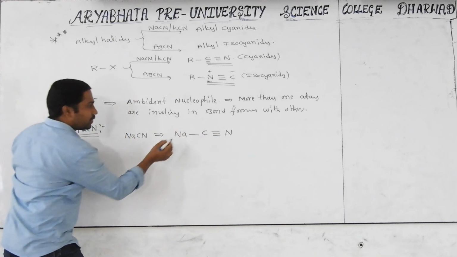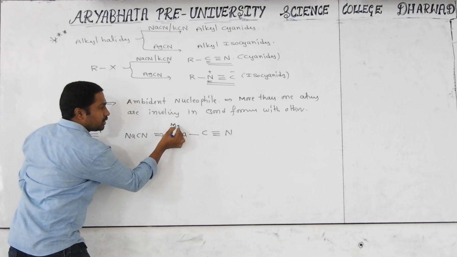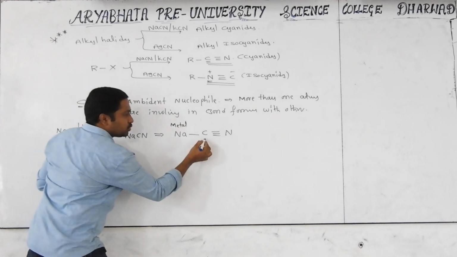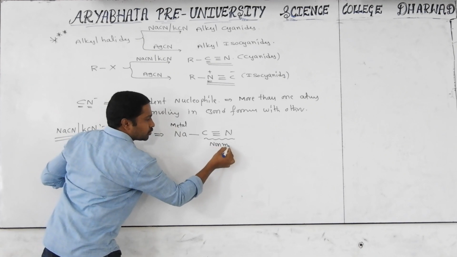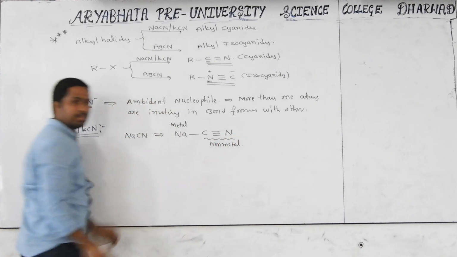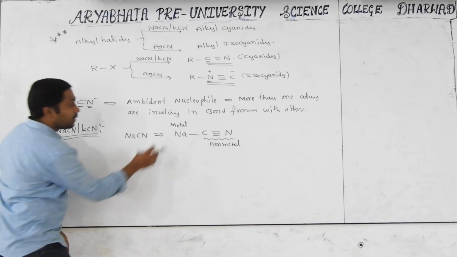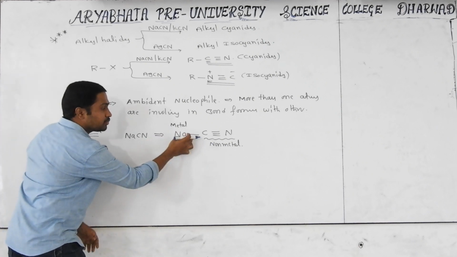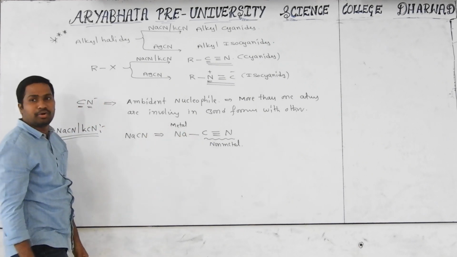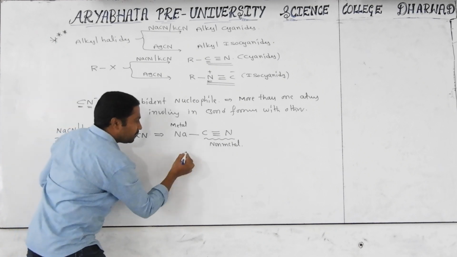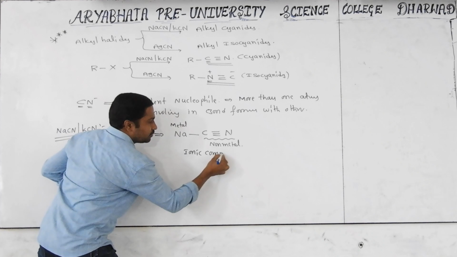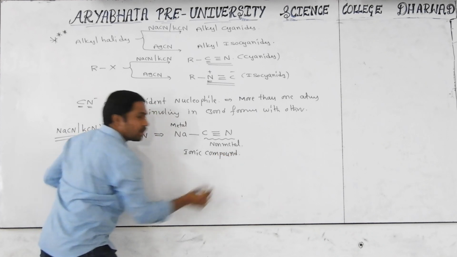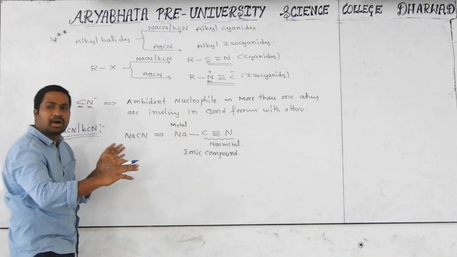Now we have to observe very carefully. Sodium is a metal atom. This other part, carbon and nitrogen, is non-metal. Between metal and non-metal, which bond is forming? An ionic bond. So sodium cyanide is an ionic compound, and it will break down into ions.